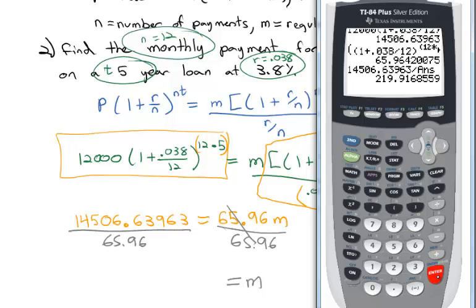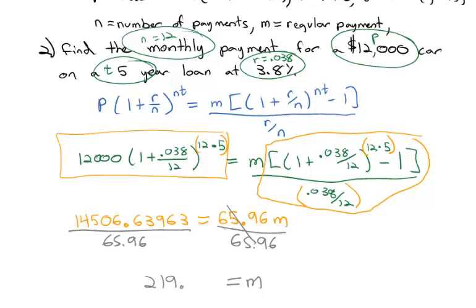And the monthly payment for this car is going to be $219.92, rounded to the nearest penny. They might round up or they might round down, whatever's closest. And the way they fix for the rounding is your very last payment on the loan is usually different by a few cents to make up for the rounding. Basically, your payoff amount is different by a few cents. But for all intents and purposes, the monthly payment for this car is $219.92.